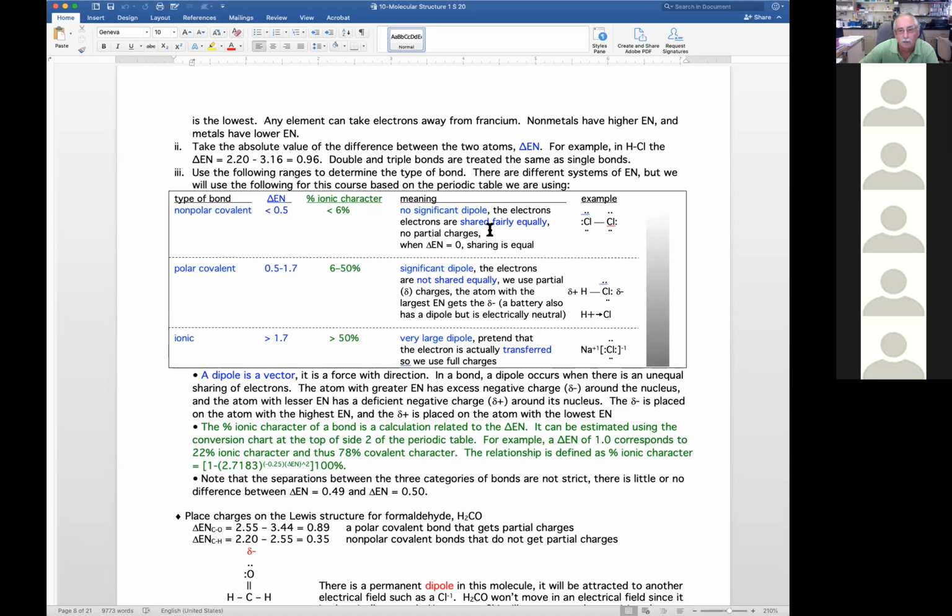What does it mean if the difference in electronegativity is 0? For chlorine gas, for example, 3.16 minus 3.16, the difference is going to be 0. That means that the electrons are shared perfectly evenly between those two atoms.